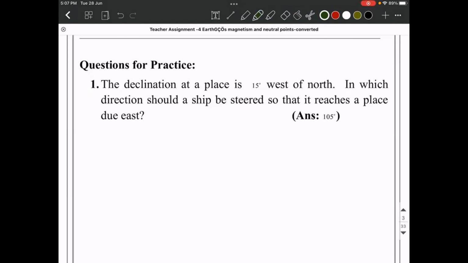See, for example, read this question. The declination at a place is 15 degrees west of north. What do you mean by west of north?